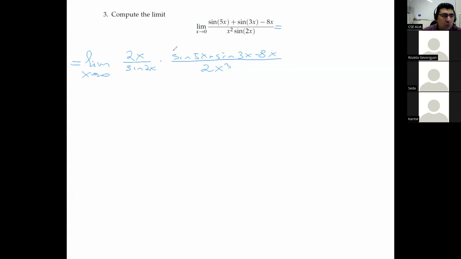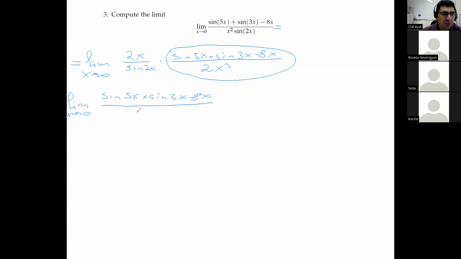And now focus only on this part. Let's consider this term and calculate the limit of it separately. Limit x goes to 0 of sine 5x plus sine 3x minus 8x divided by 2x cubed.